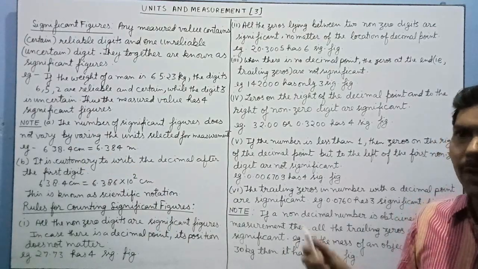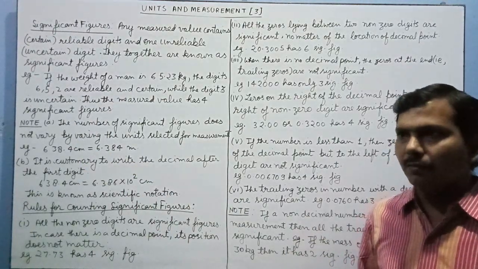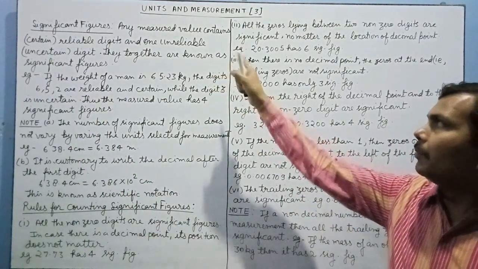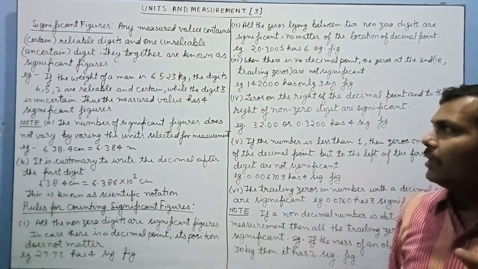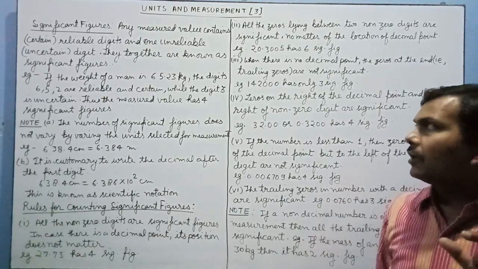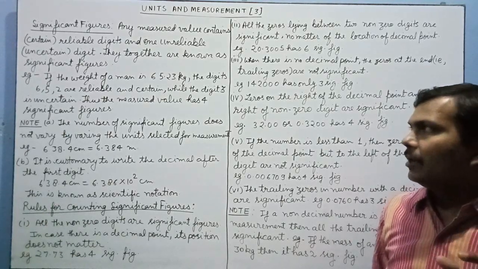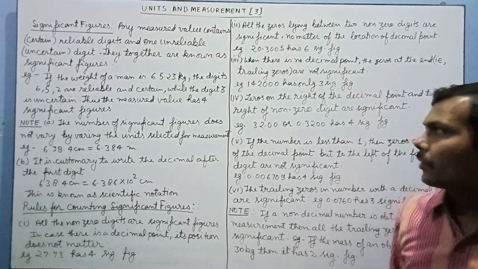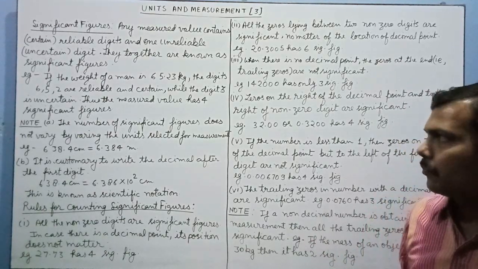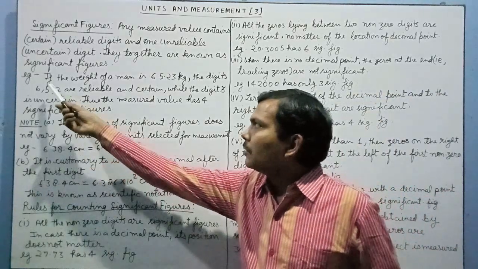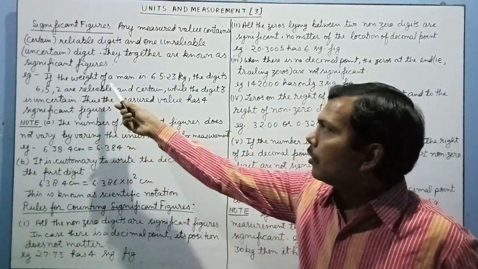Our next topic is significant figures. Any measured value contains certain reliable digits and one unreliable, meaning uncertain, digit. They together are known as significant figures. I will make it clear with the help of this example.